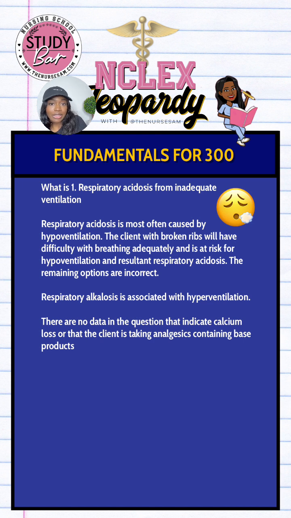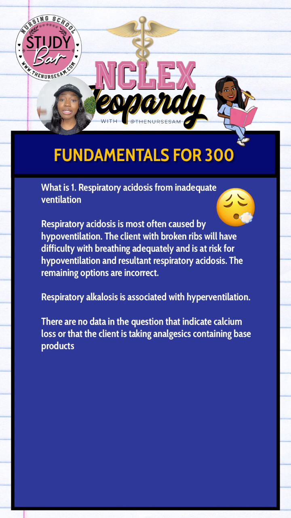So our lungs are most likely affected from broken ribs rather than metabolic, which is your kidneys. So anything with metabolic in it, we could cross off: metabolic acidosis and alkalosis, we can eliminate those. That leaves respiratory acidosis and respiratory alkalosis, and we have to figure out which it is between the two. The correct answer is respiratory acidosis.